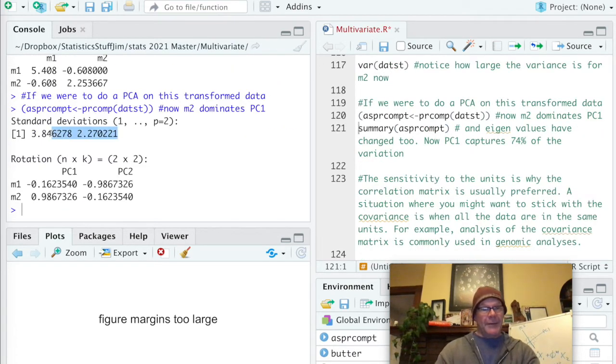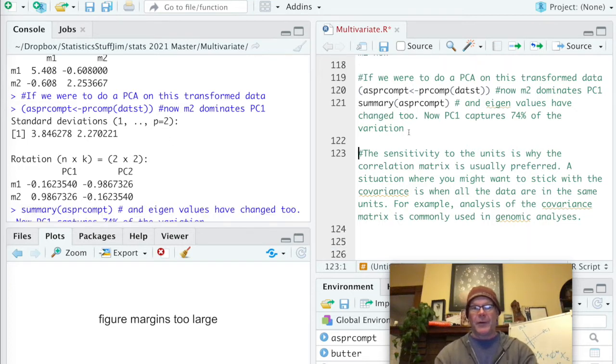And here we have it. Okay, we understand how to interpret all those things, but the first thing that should pop out at you is, remember when we did it on the original data, M1 dominated PC1. Now take a look. Now M2 is dominating PC1.